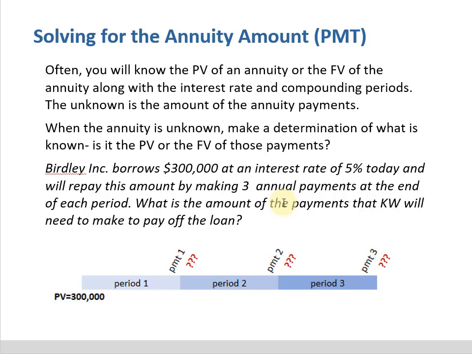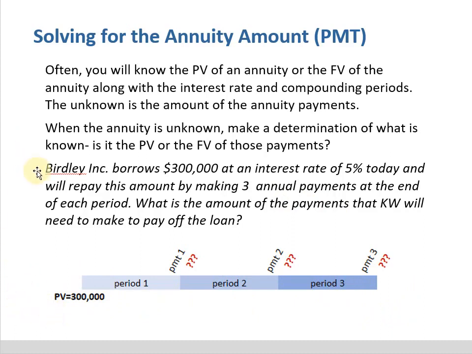So these are problems where you are solving for the annuity amount. When the annuity amount is unknown, notice here on the timeline, the payment amount is the question. And you have to make a determination as to what you do know. Do you know the future value of that annuity, or do you know the present value of that annuity?